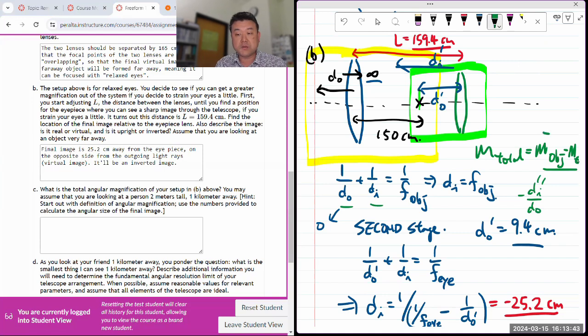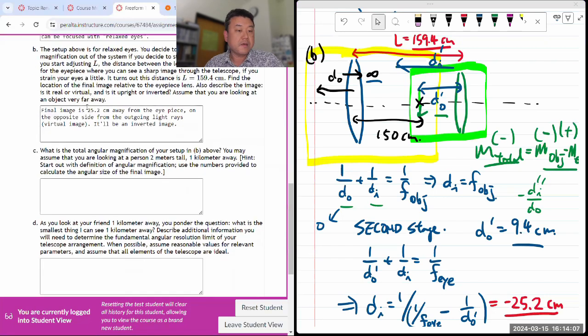So you start out with an inverted image here. And for the eyepiece, because your object distance is positive and image distance is negative, the magnification will be positive. So minus times plus, your total magnification is minus, meaning an inverted image.